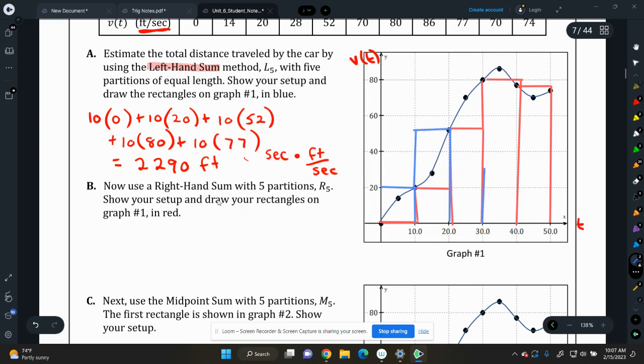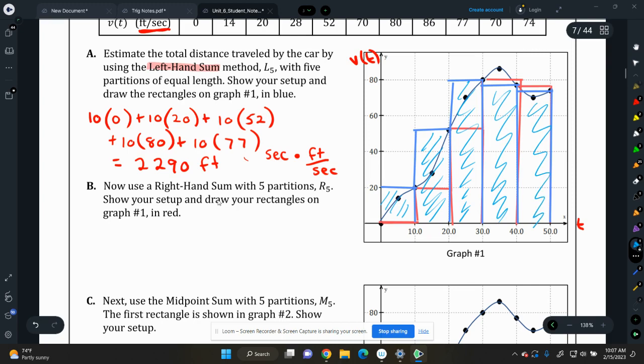So I start at 30 and go up until the right edge of the rectangle comes in contact with the curve. Okay, so now we're looking at these rectangles.